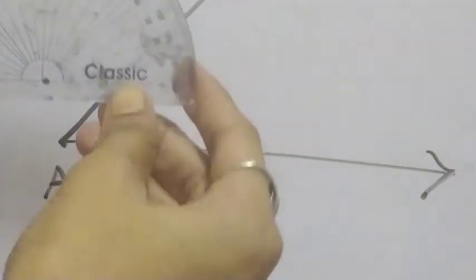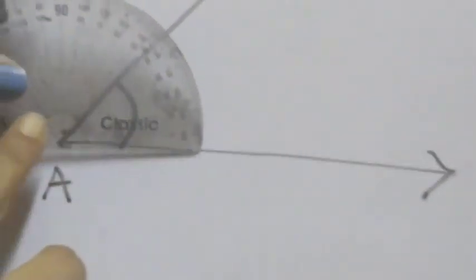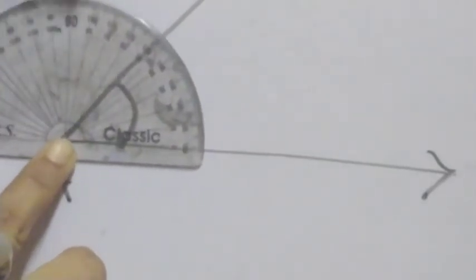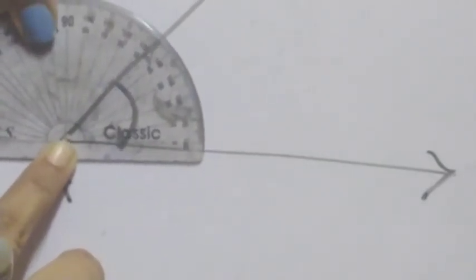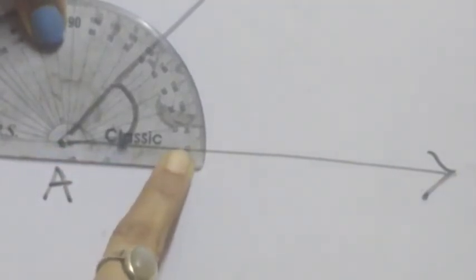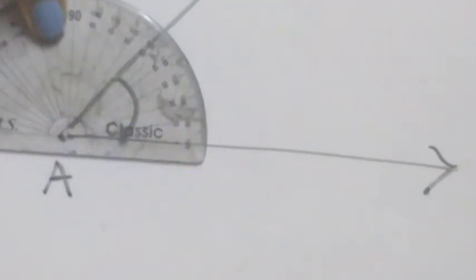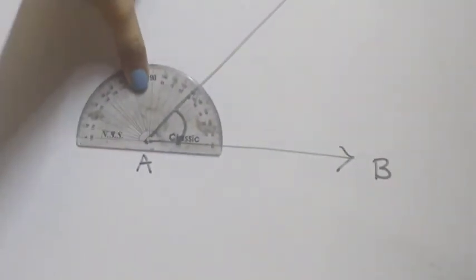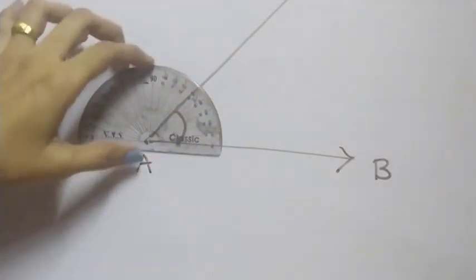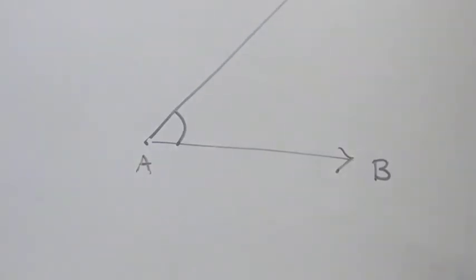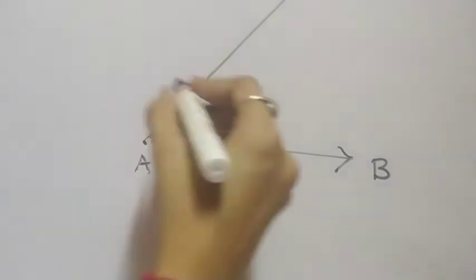This point will coincide with the point A. Now the base line of the protractor will be along AB towards B. So this is 0. Now starting 10, 20, 30, 40 like this. So I am getting this as 50 degree. So I will measure this and I will get 50 degree.